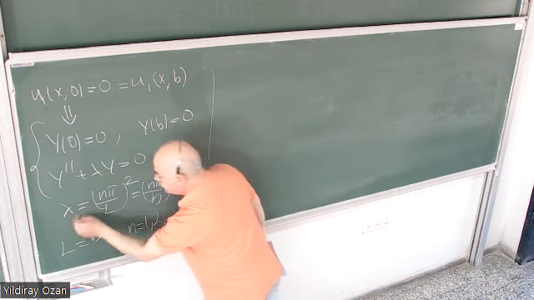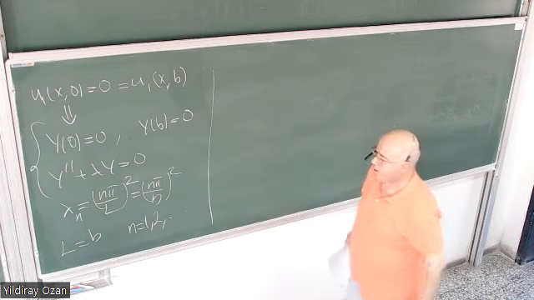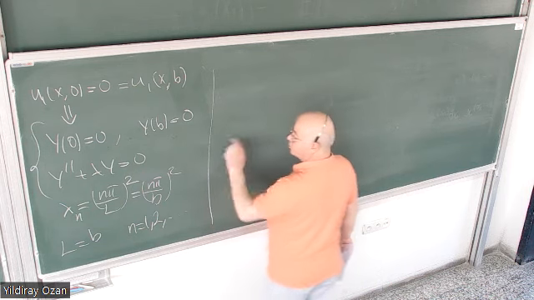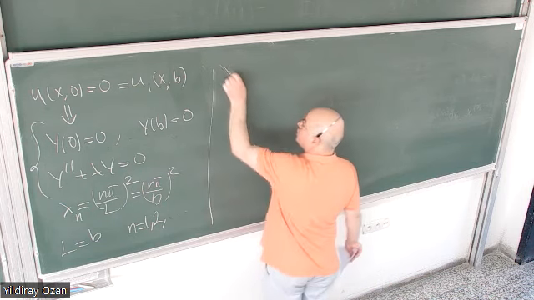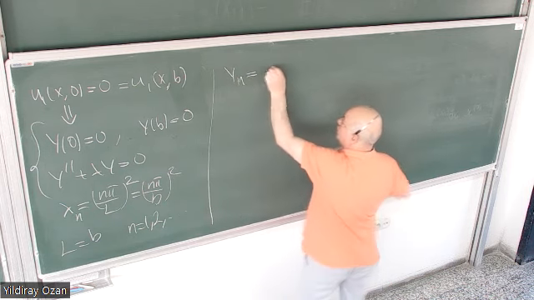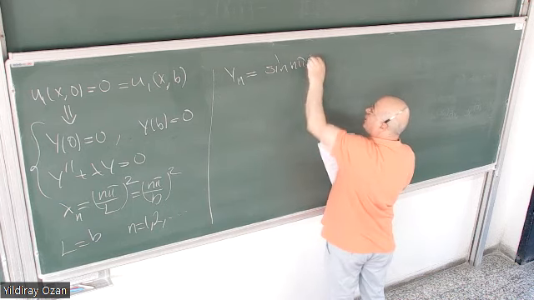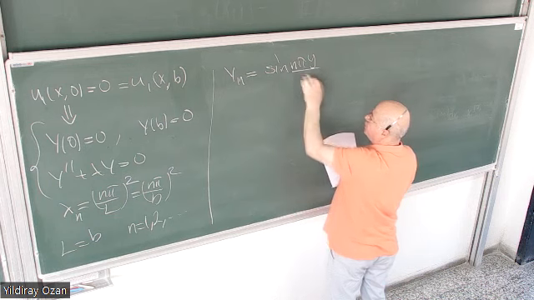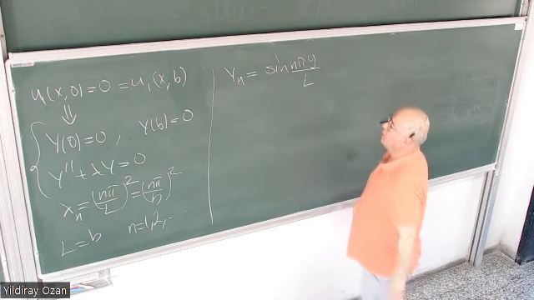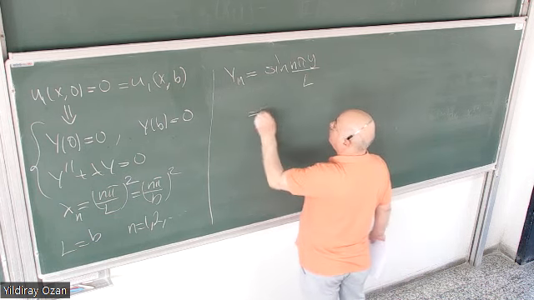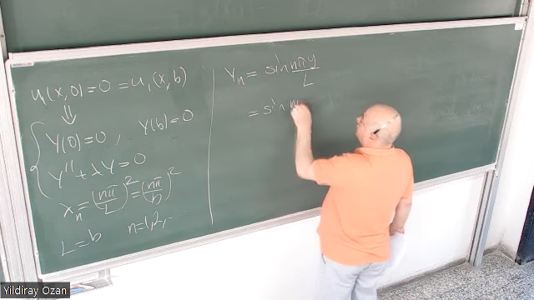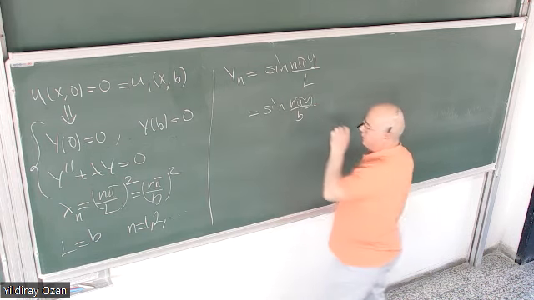Let's decorate it with n. The corresponding solution for this lambda is Y_n, and it is just sine of n pi y over b.